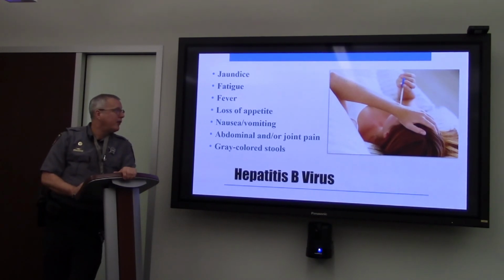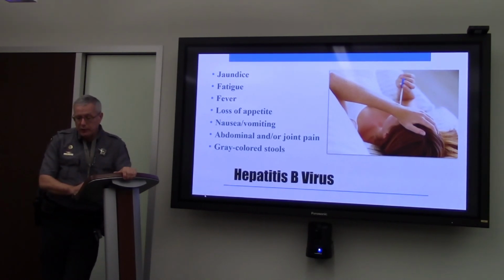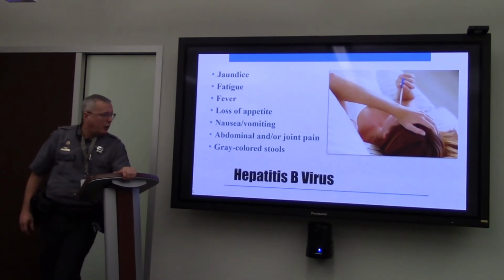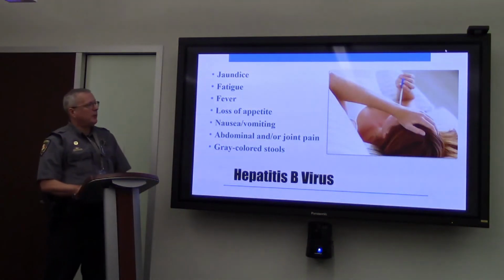The hepatitis B vaccine is a series of 3 shots that you take over the course of 6 months, and it gives you basically 99.999% immunity to hepatitis B. It is a bloodborne virus, but if you've had all 3 of the vaccines, there's basically no chance that you're going to get it. If you've only had 2 of the shots, only 2 of the vaccines, you've got 66% immunity. If you've had only 1 of the injections, then you've got 33% immunity.